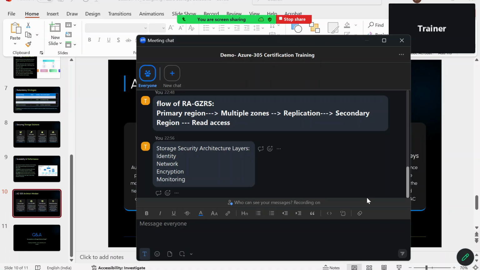Sorry, I didn't hear that, it was not clear enough. A financial institution requires regional DR and secondary read access. So the question is, which redundancy model is most appropriate?